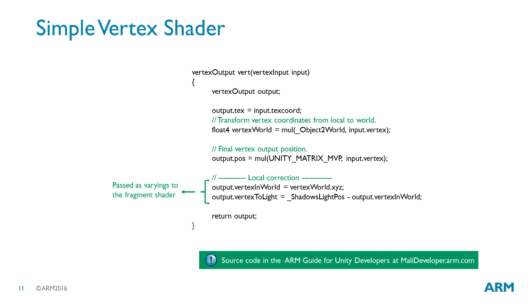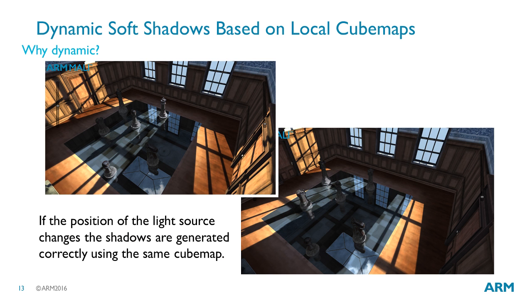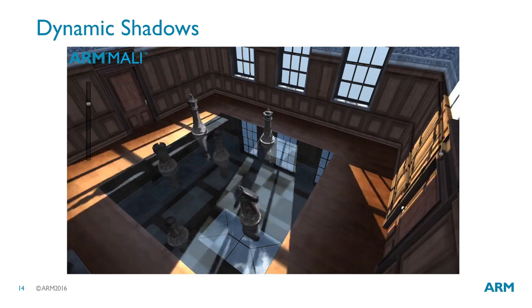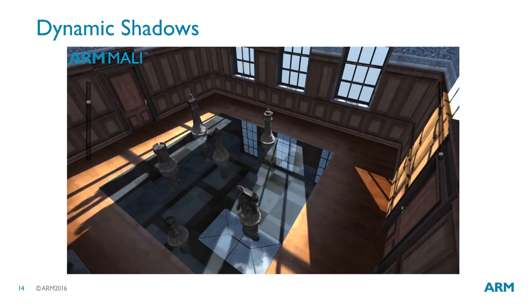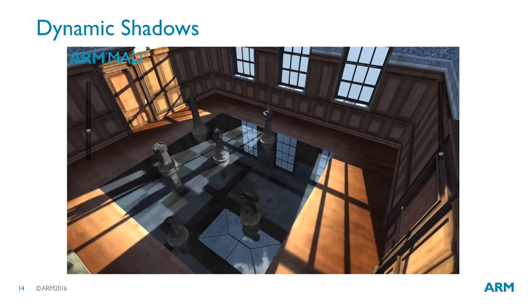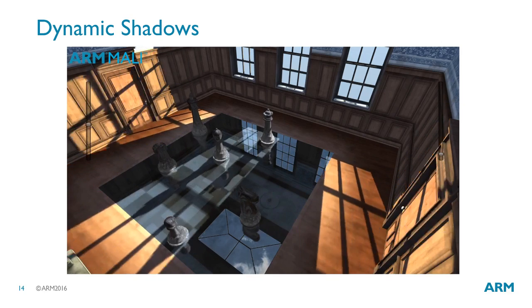So if the light changes position, the shadows will be updated automatically. And I'm showing this here. The light is changing position with this slider. You will have that slider also in the project, and the shadows are updated automatically.